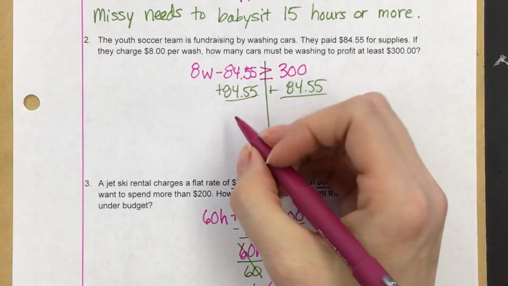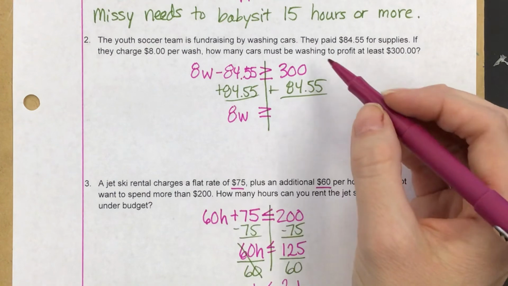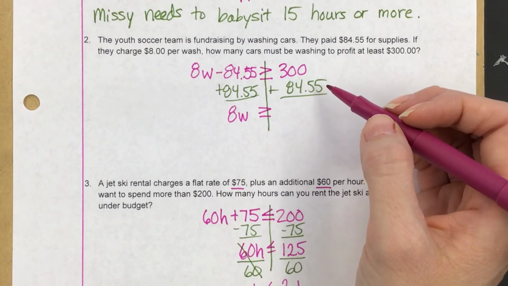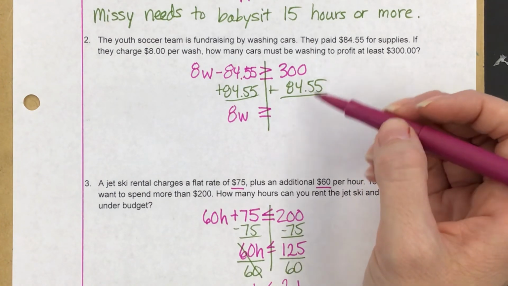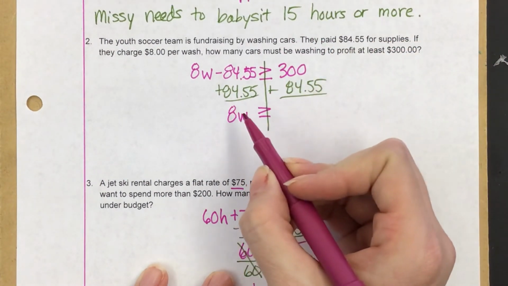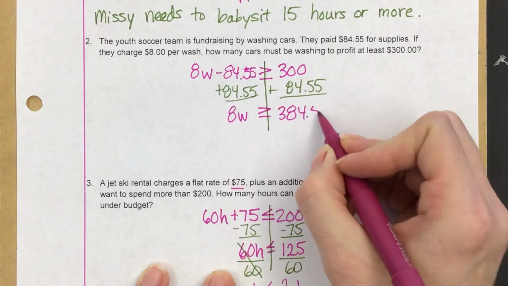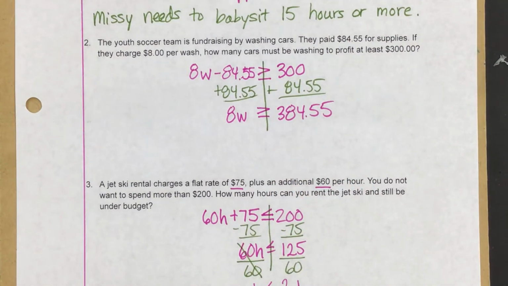Okay. And this makes sense, right? Like, if you're going to cover the cost of supplies and still make $300, then the amount of money that they make from the car wash has to be at least $384.50. Okay.